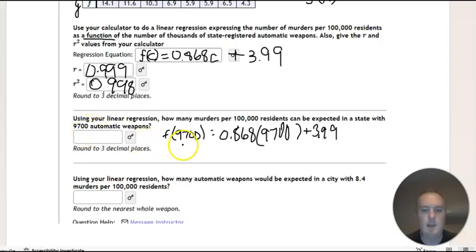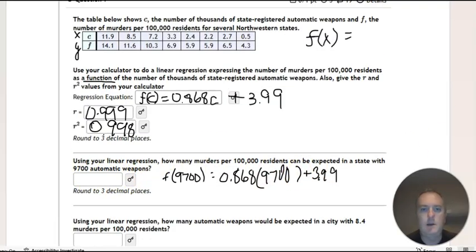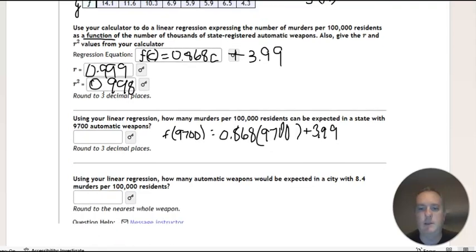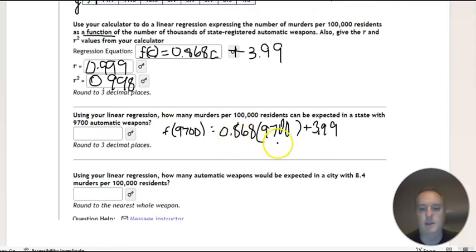Oops, made a mistake. So 9,700 automatic weapons. Have to be careful here. C is in thousands of automatic weapons, so that's why my answer looked kind of strange. So if we want to express 9,700 in terms of thousands, it's 9.7 thousand.